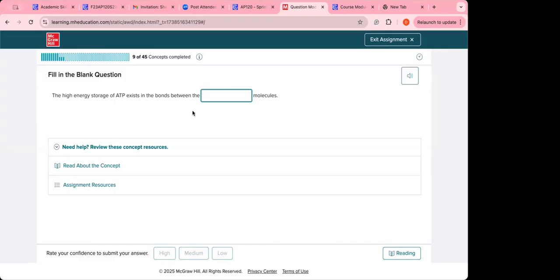Hold on, what's the question? Exists in bonds between the blank.